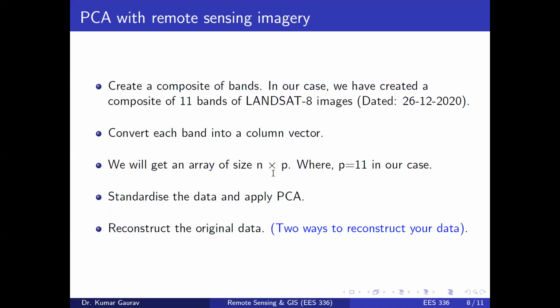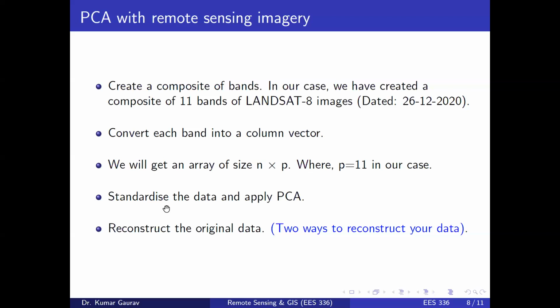What we will get is an n cross p dimension. If we convert 11 bands of Landsat 8 images into column vectors, then we will get n cross p, where p is your number of bands, that is your variable in our case, and n is the multiplication of the number of rows and number of columns present in that image.